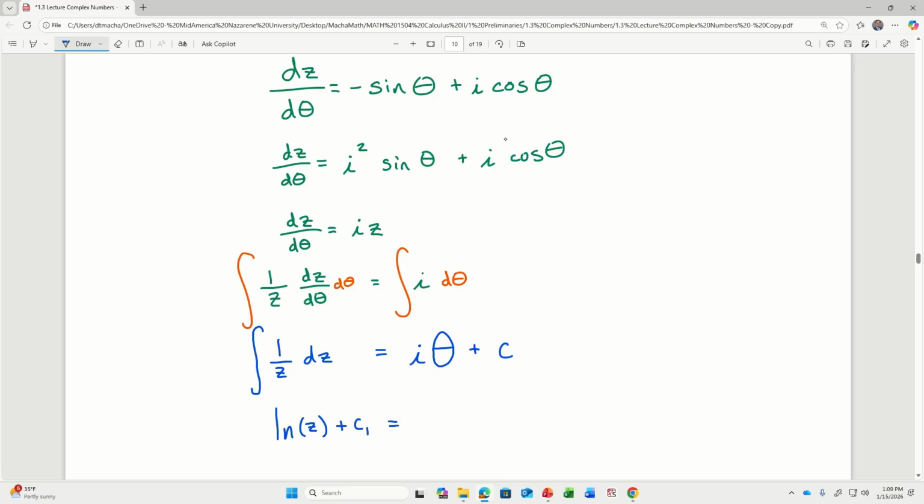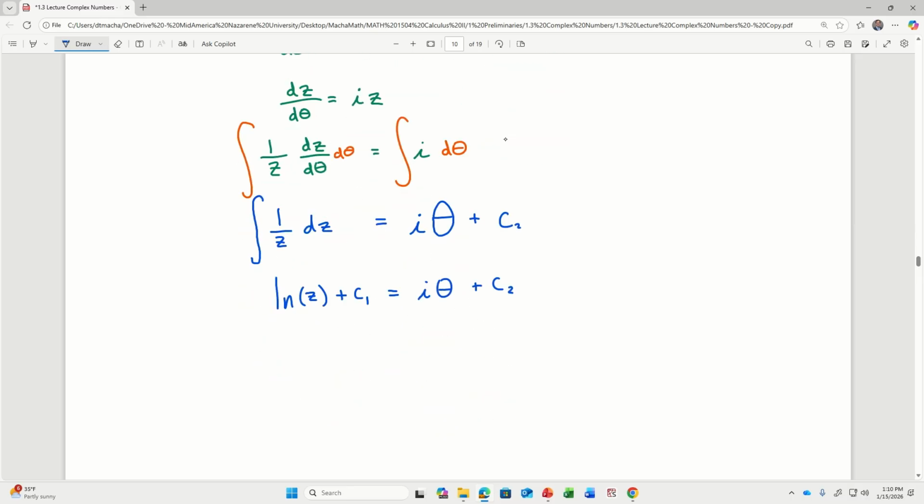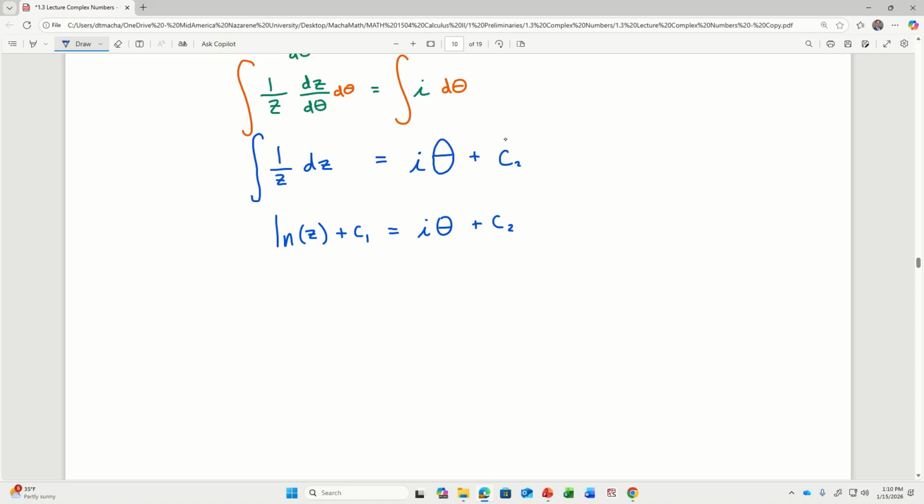And we're going to name that constant c2 just because it could be distinct from the constant c1, but we'll do a little trick that's hardly a trick, but just define c equals c2 minus c1, and we'll get natural log of z is equal to I theta plus c.